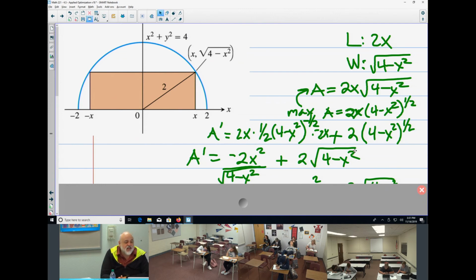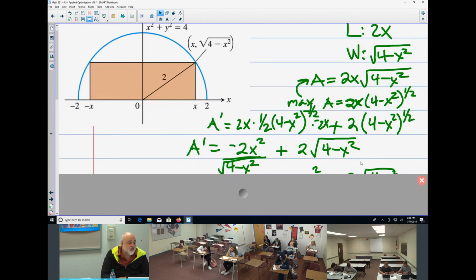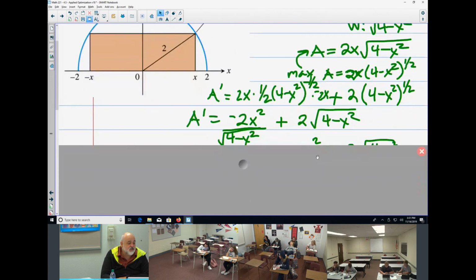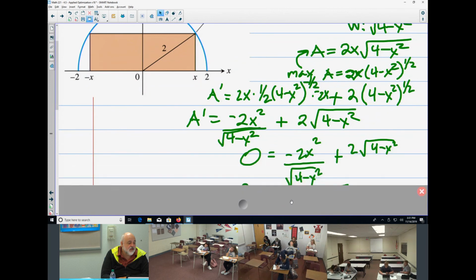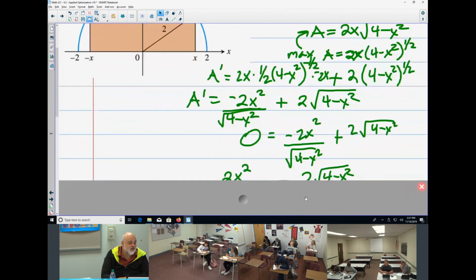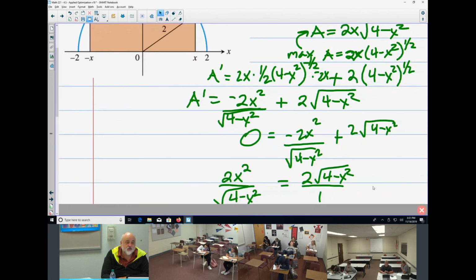Now, once again, the algebra trick is similar to the last algebra trick. To set this equal to 0 and solve it, you move one of these terms over. I would move the negative one to the other side and then cross multiply.